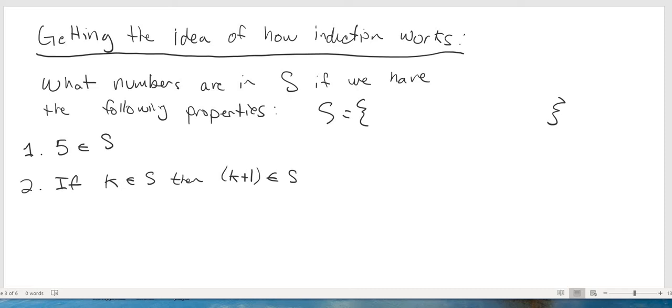Here K is any number. It's arbitrary. So this is a good word we need to use. When you see K, this means arbitrary.